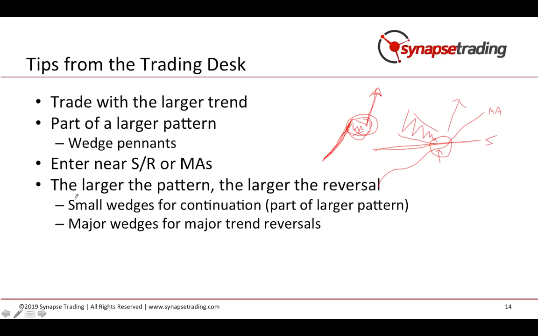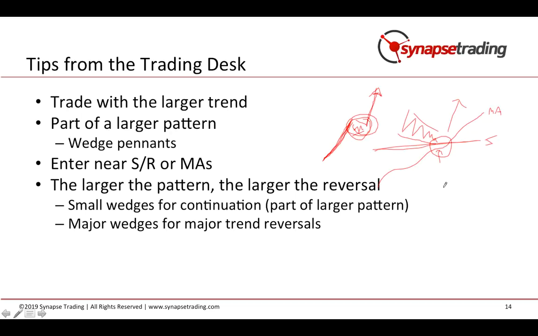Okay, so to sum up, the larger the wedge pattern, the larger the reversal is going to be. If you see small wedges, there's a high chance that it is part of a larger pattern. A small wedge could be a pennant on a higher time frame, and so that will just be a continuation of the larger trend.